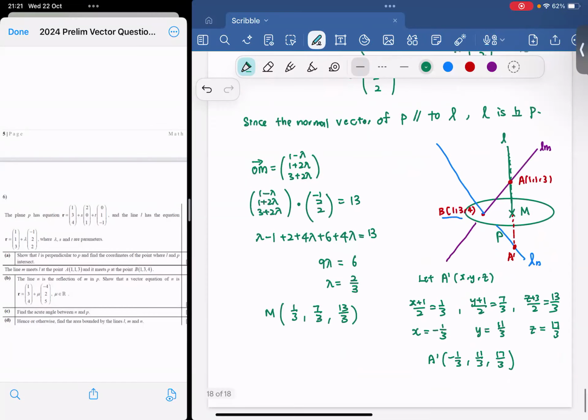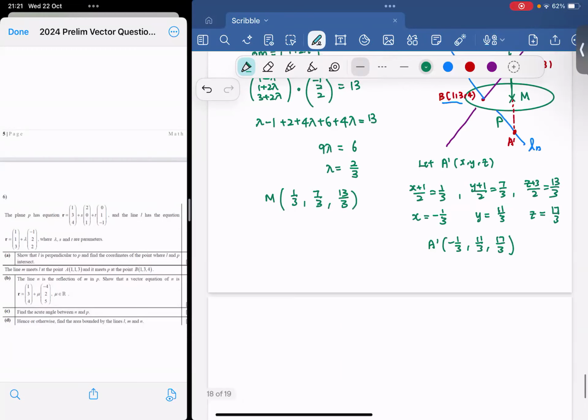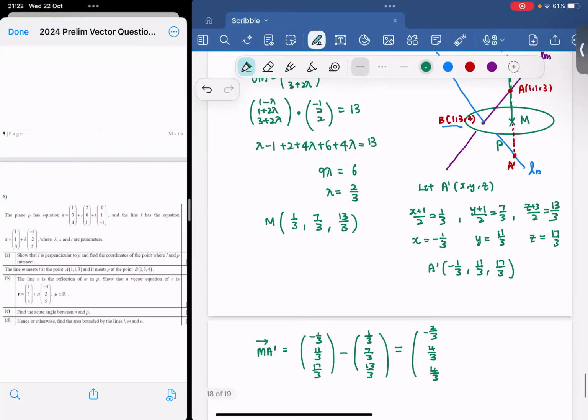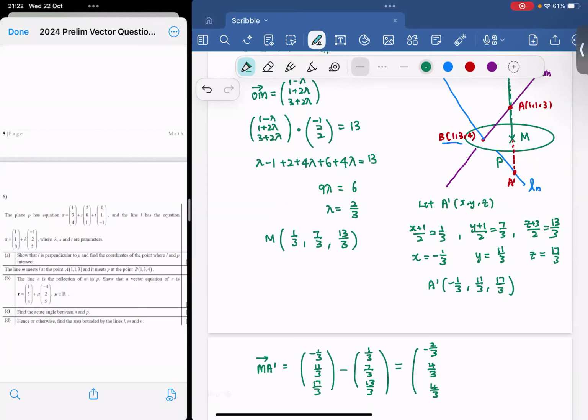To find the direction vector of the line N, we will do MA prime. Negative 1/3, 11/3, 17/3 subtract 1/3, 7/3, 13/3 gives negative 2/3, 4/3, 4/3.